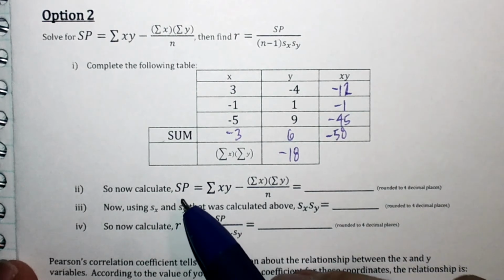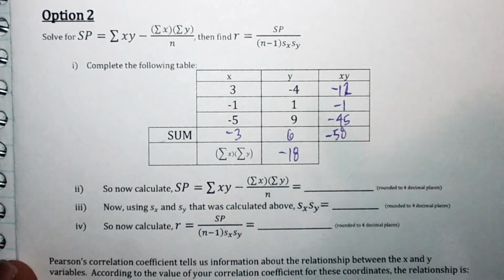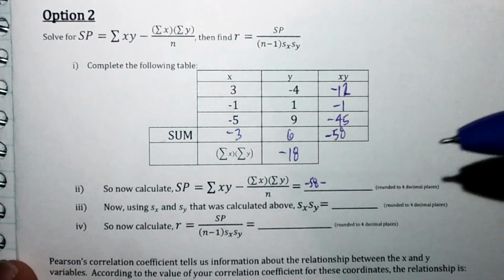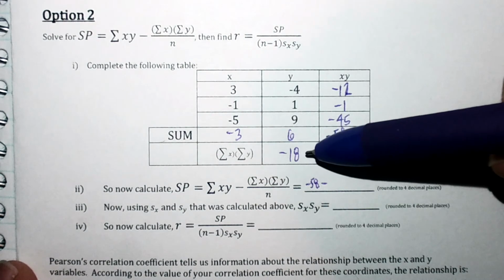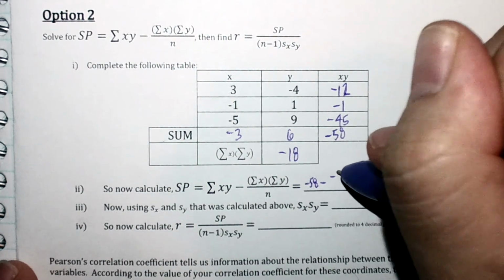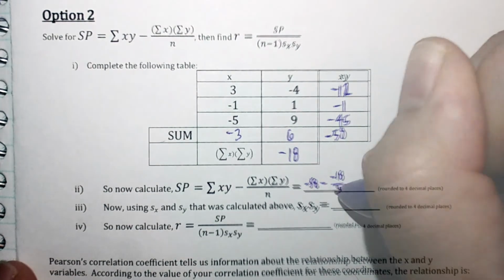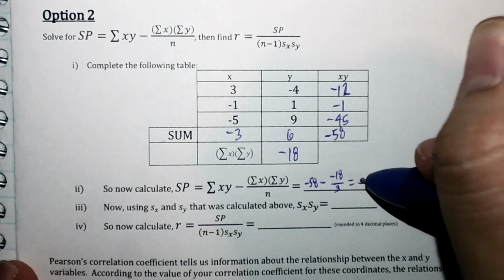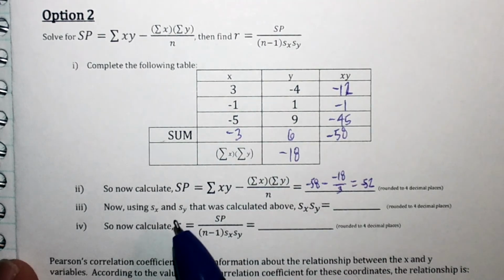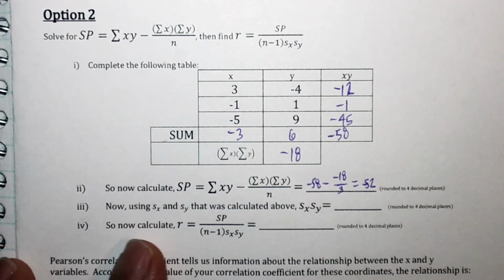So then to calculate the sum of products, sum of xy is negative 58 minus sum of x times sum of y, which we have as negative 18, over n, which is 3. And that simplifies to be negative 52.